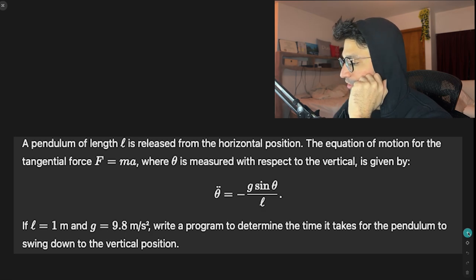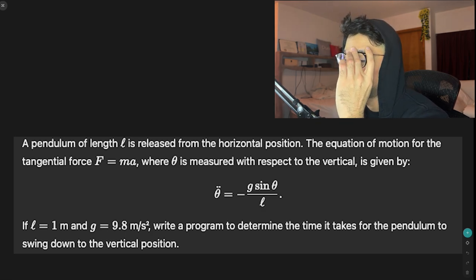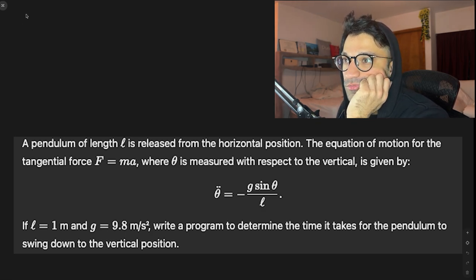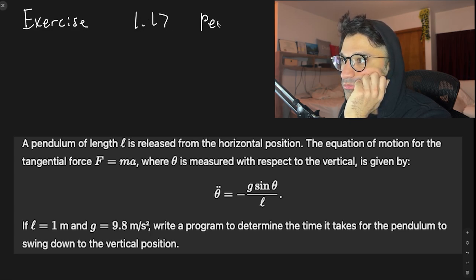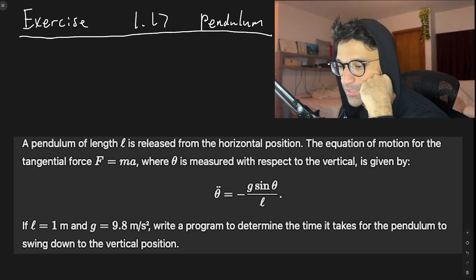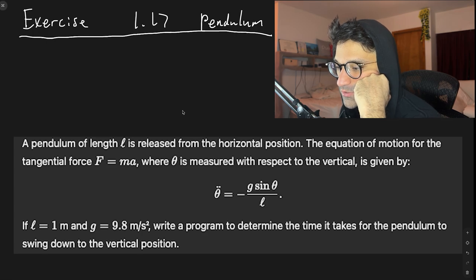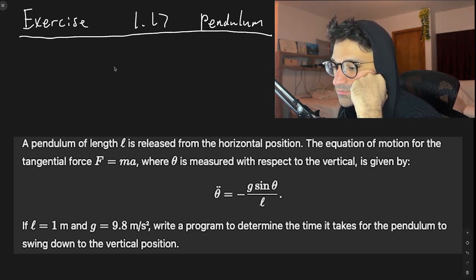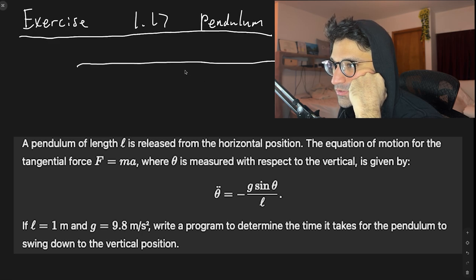All right, let's try a problem exercise now. Exercise 1.17, pendulum. So we have a pendulum of length L. It's released from the horizontal position, so something like this.